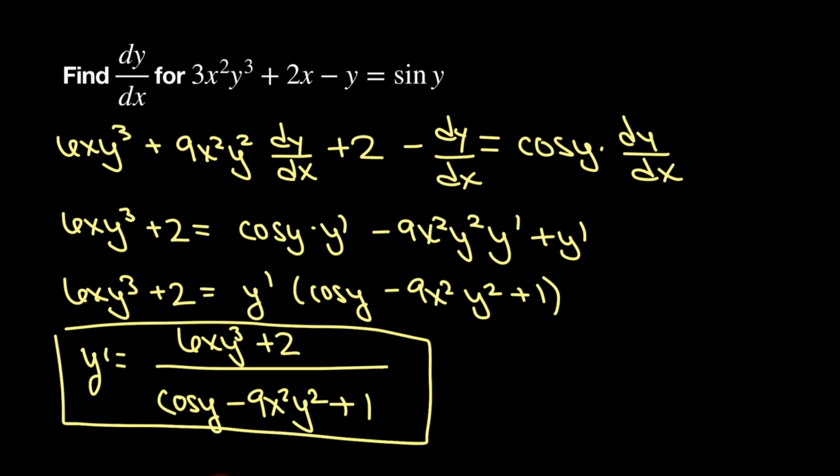And then finally, we can divide both sides by that cosine y minus 9x squared y squared plus 1. And there's my final answer. It looks pretty complicated, but I have an implicit expression for my derivative. Y prime is 6xy to the third plus 2 all over cosine y minus 9x squared y squared plus 1.